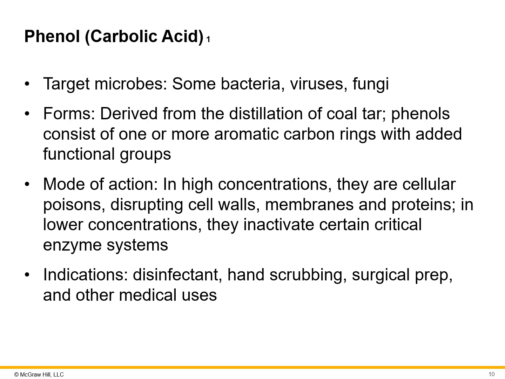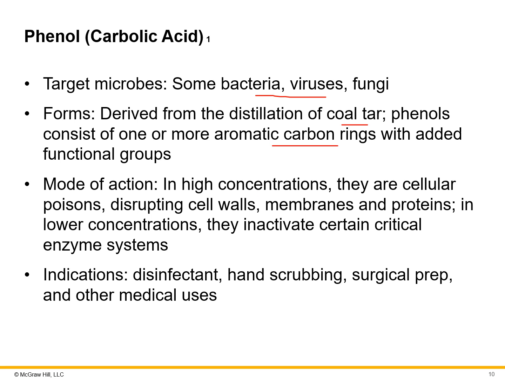Phenols or carbolic acid is another category. These are going to target some bacteria, fungi, and viruses. They're made actually from distilling coal tar, so it has an aromatic carbon ring. If you're familiar with your chemistry, there's a functional group.